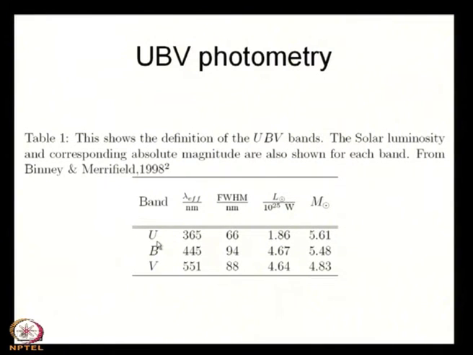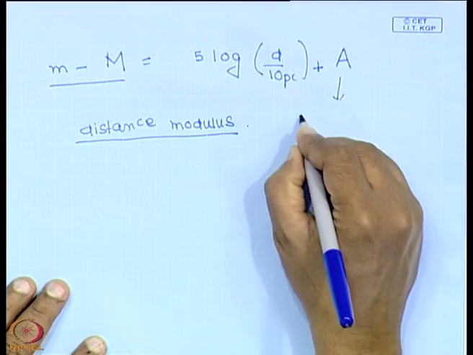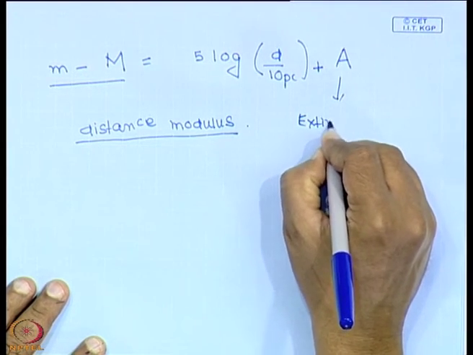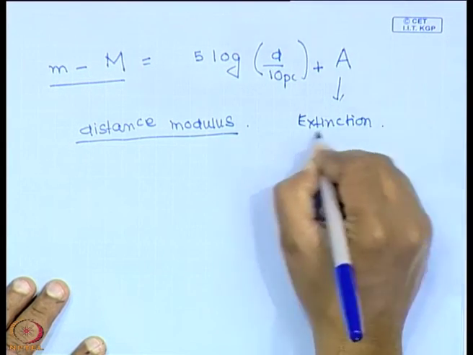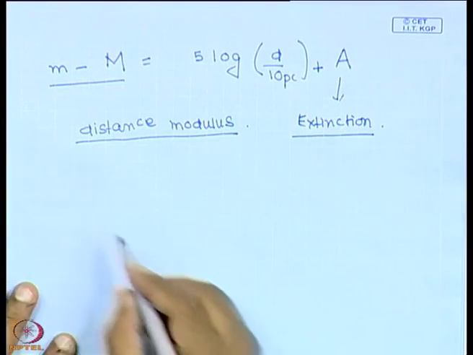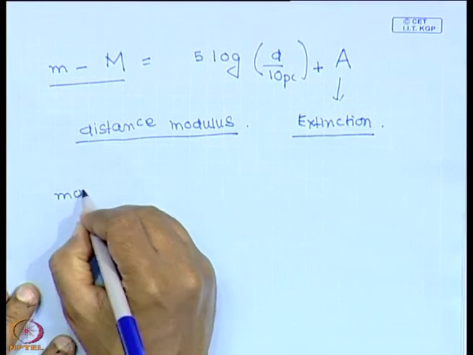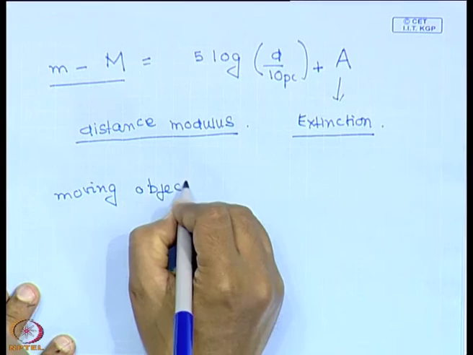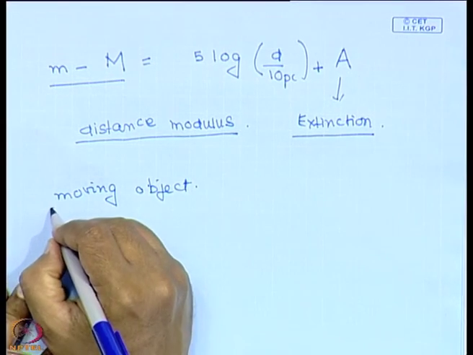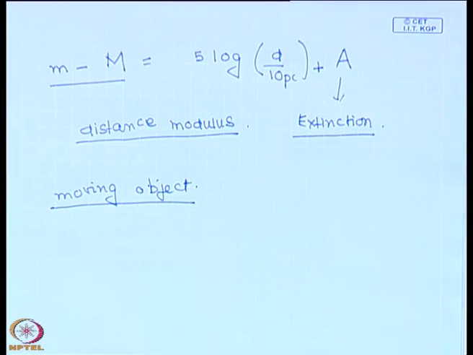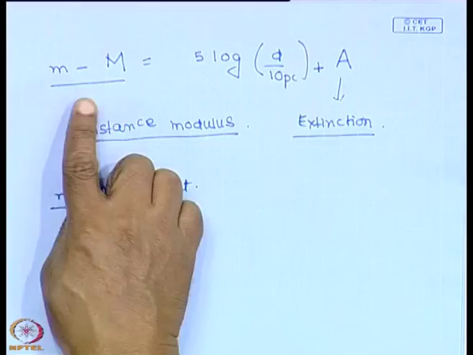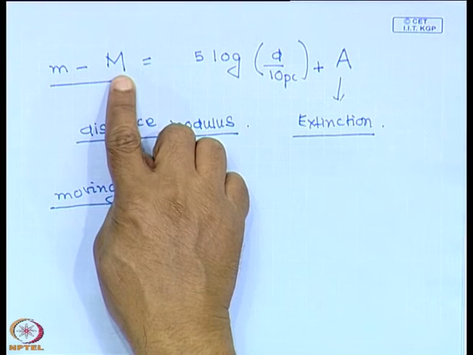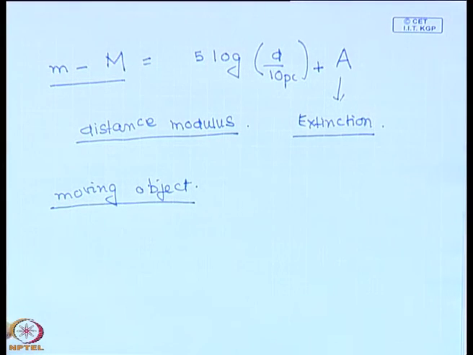The second point, so this takes into account extinction. The second point is for a moving object. If we look at a moving object, then its light, the frequency, gets shifted, and absolute magnitude refers to the flux in the rest frame of that object.